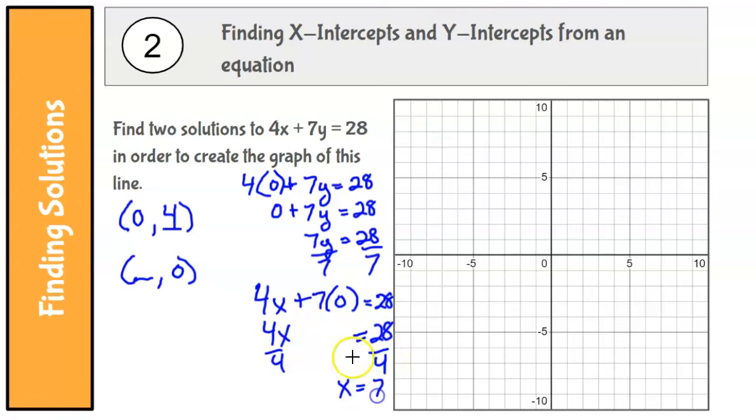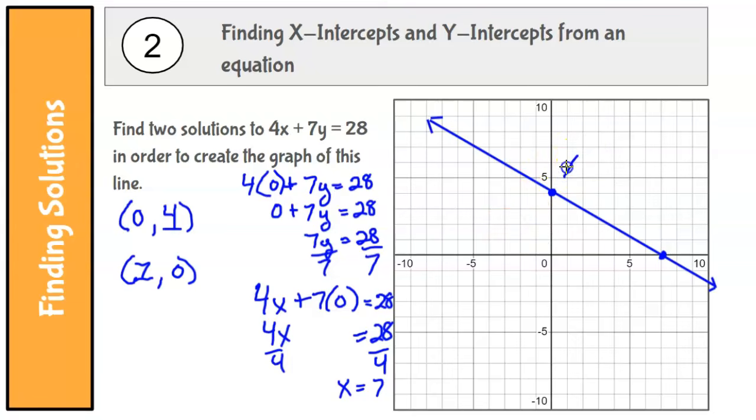X is 7. And that doesn't always happen, that the coefficients are just switched, so don't fall back on that. Okay, so 0, 4 and 7, 0. There we go. I'm actually going to draw the line. Poof, magic, there it is.